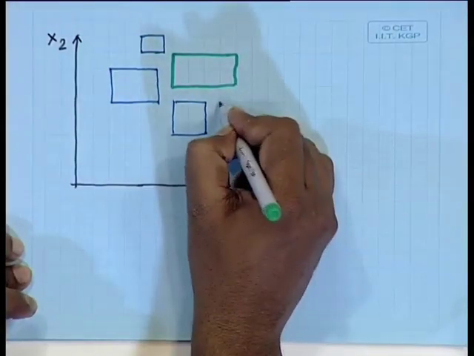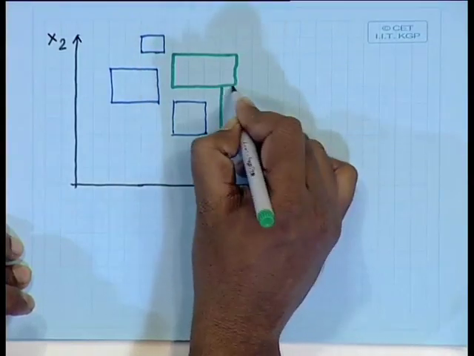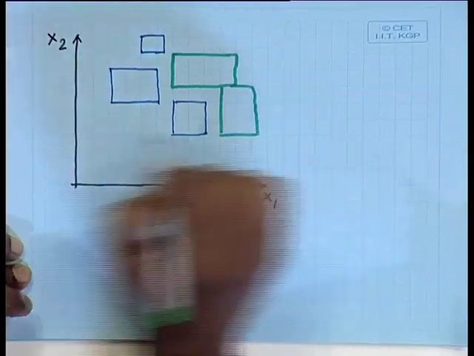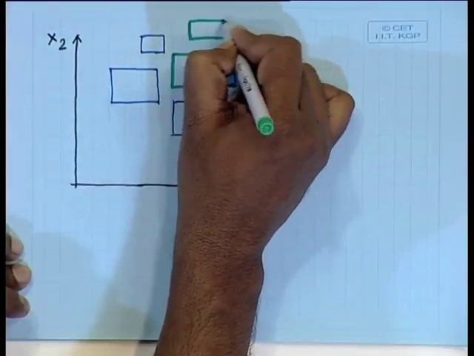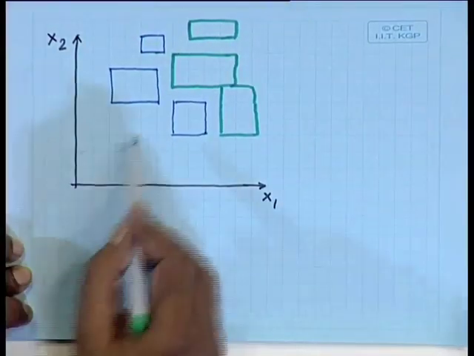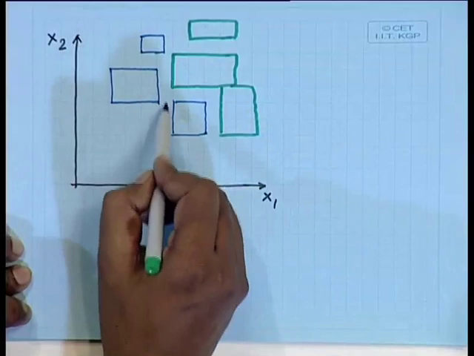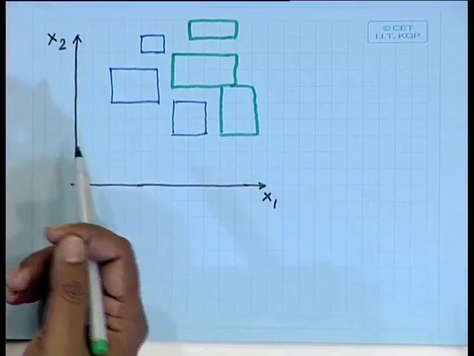I may have a hyperbox over here which also belongs to class omega 2, and another over here which also belongs to class omega 2. So, you find that given these hyperboxes, there is a lot of space in between the hyperboxes which is not covered by any of the hyperboxes.